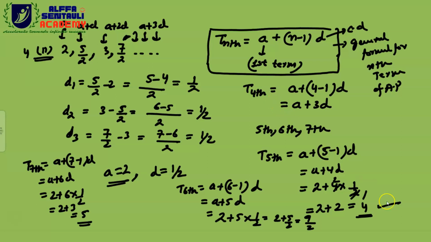So now let us solve the third part. The third part is −1/2, −3/2, −5/2. Correct? Now let's check, beta, whether this is in AP or not.